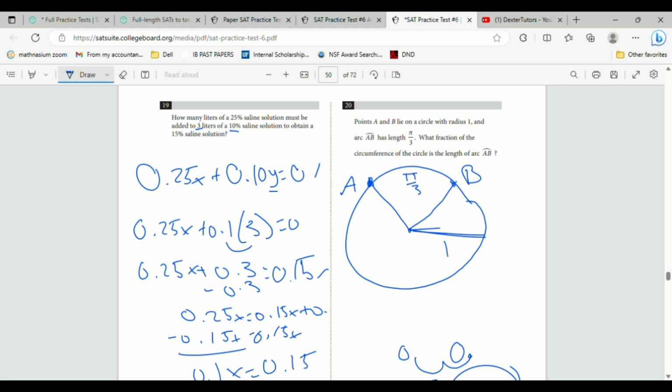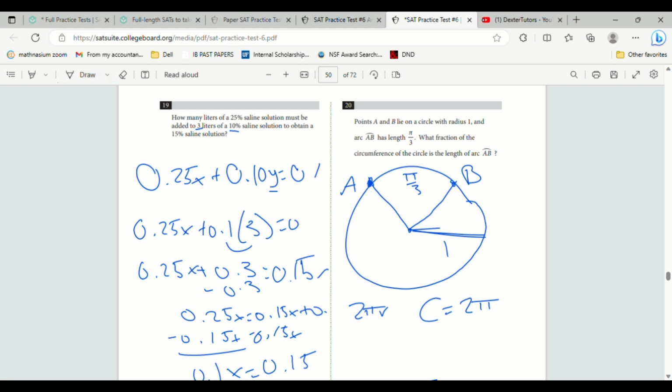So what fraction of the circumference of the circle is length arc AB? So to find circumference, we use the formula 2 pi r. So 2 pi times the radius. The radius is 1, so our circumference equals 2 pi.